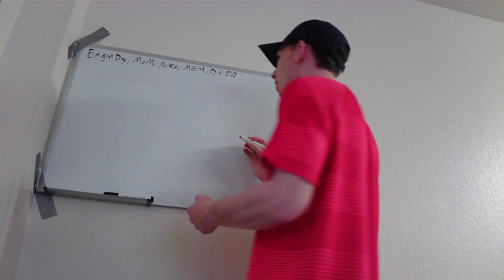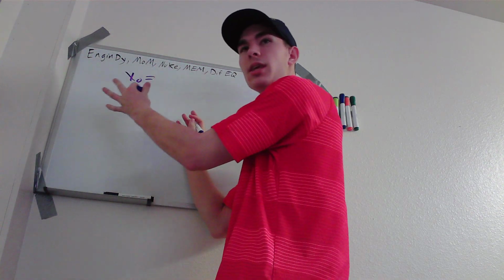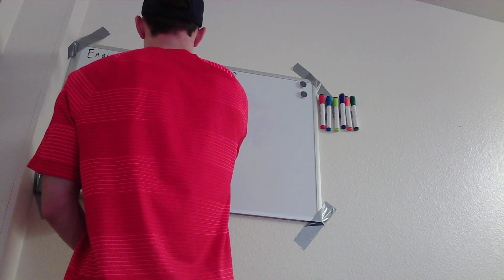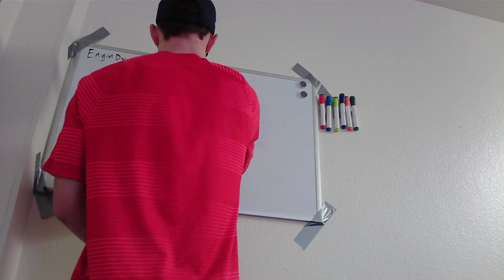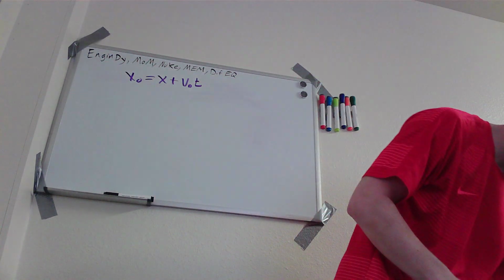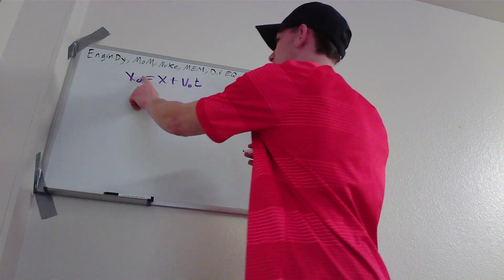So for constant velocity, you're going to have x equals x0 plus v t, and I'll explain the variables here in a second. I need to check real quick. I believe it's v naught t, but it might be vt. Yes, it is vt.